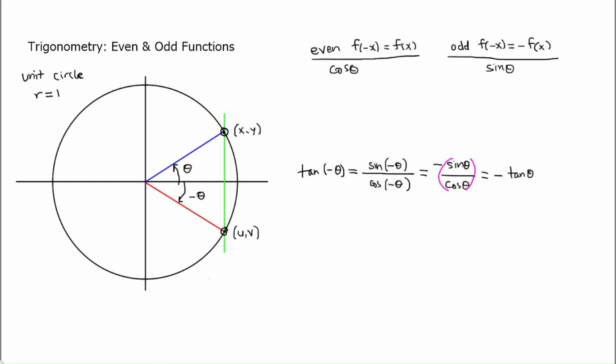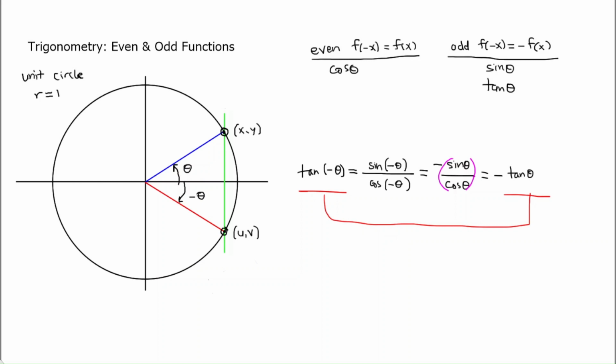If you take a look at the two extreme sides, I have tangent of negative theta equaling the negative of tangent theta. So this makes tangent an odd function.